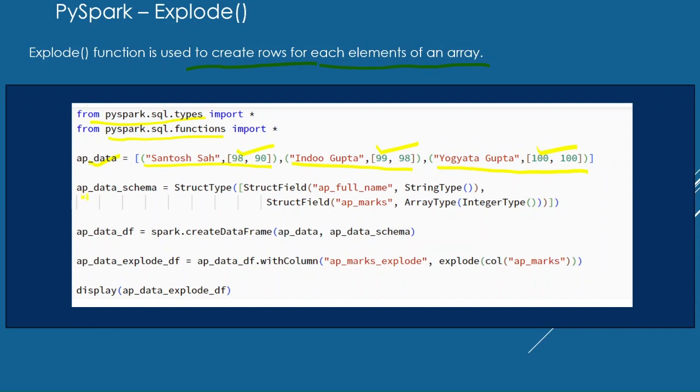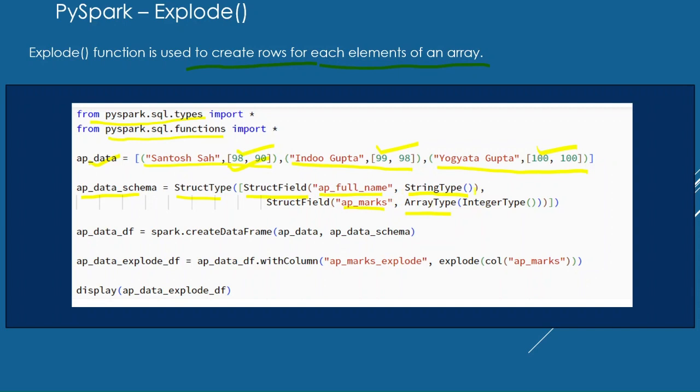Now I am creating a custom schema with the help of StructType and StructField. With StructField I am defining the column name and the data type. This AP marks column is of array type, which we have defined with this schema.